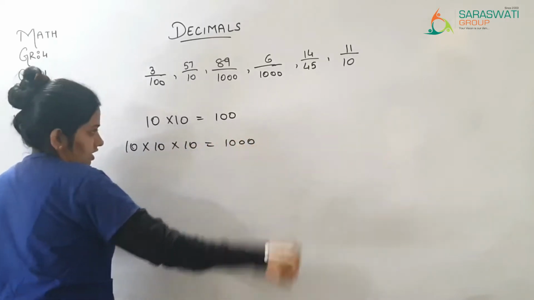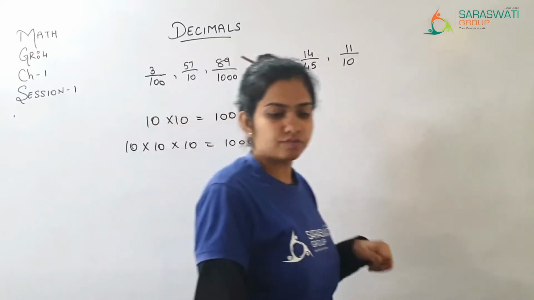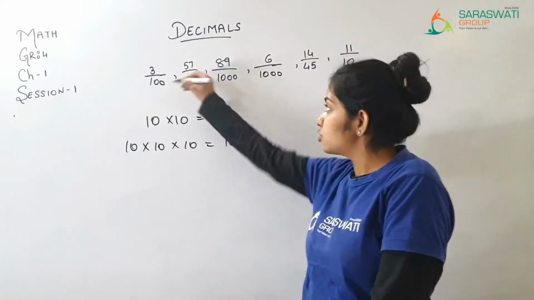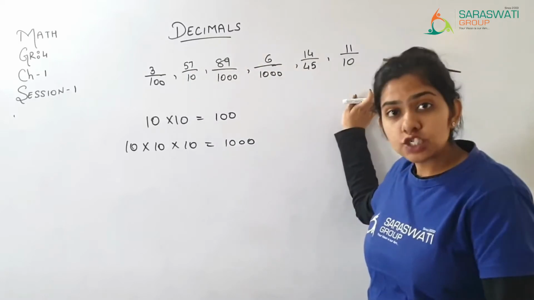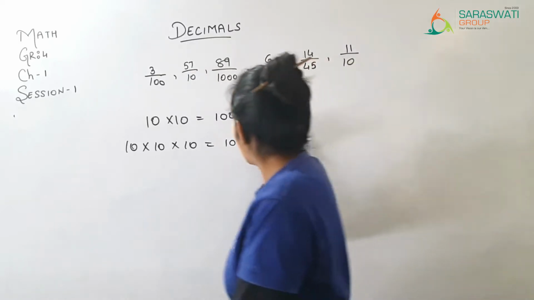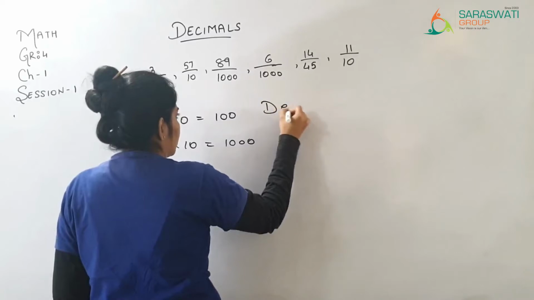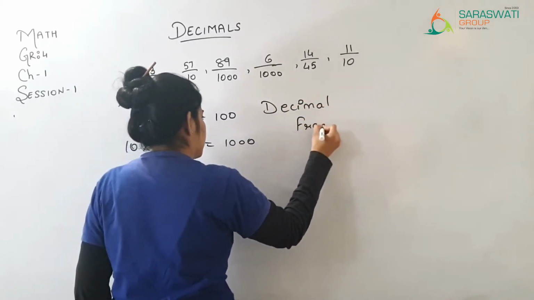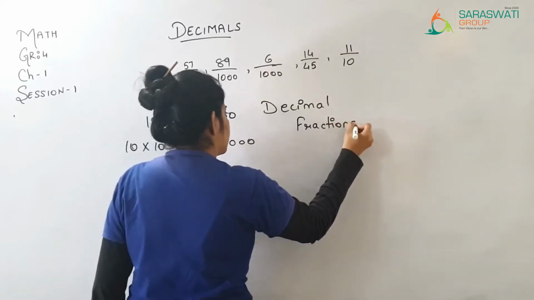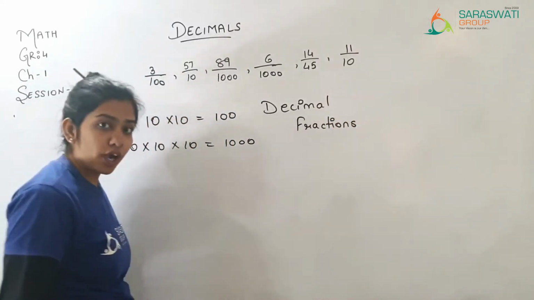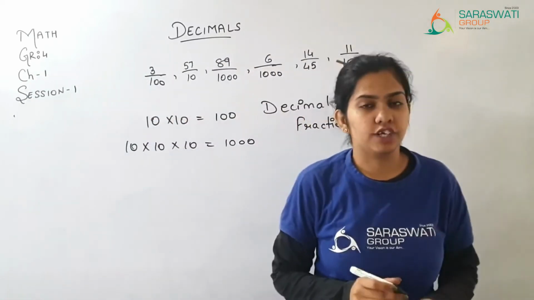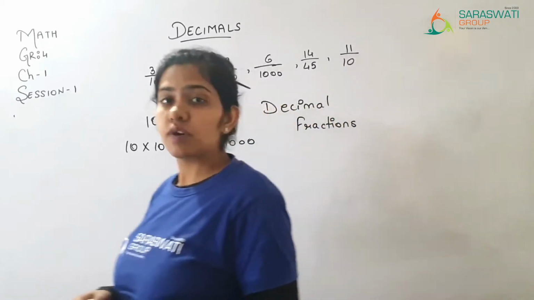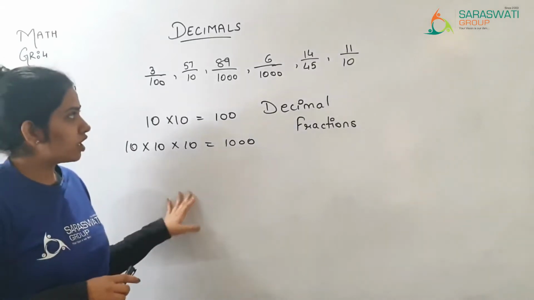So we got the answer 1000, right? Such kind of fractions are known as decimal fractions. Okay? So this was just the basic one.